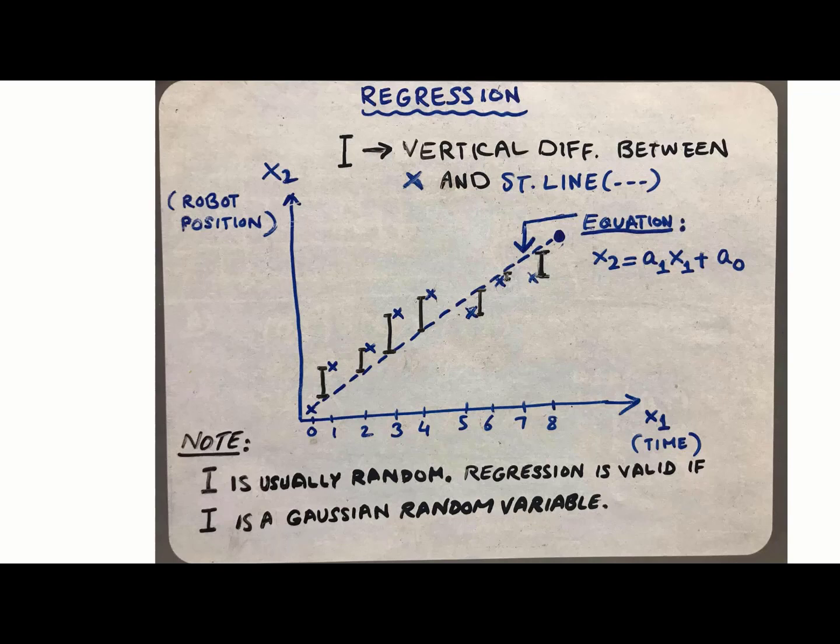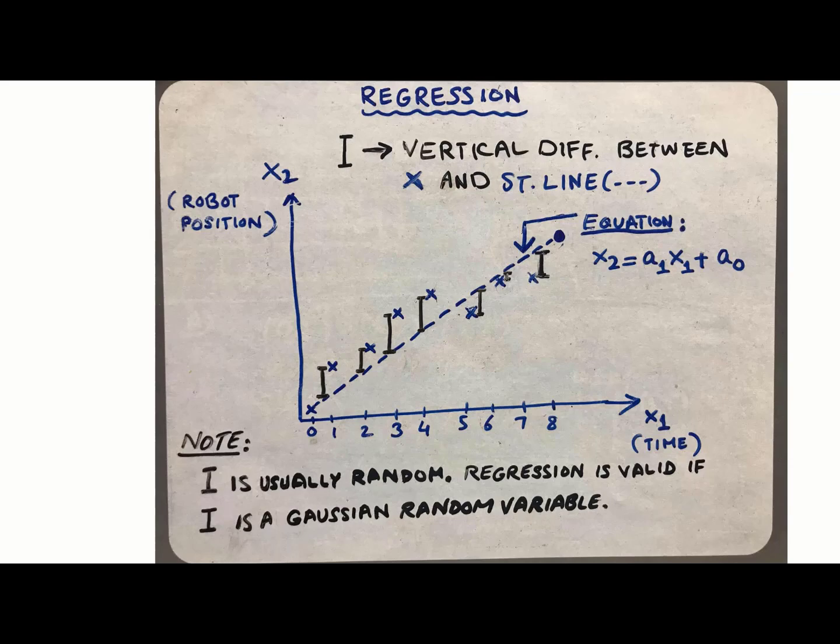They are showing the pointwise difference between the fitted line and the data points, and we say that regression will be valid only if these vertical error bars have Gaussian distribution, and therein lies the connection between the regression and the techniques that we have already discussed, such as filtration. In particular, the Kalman filters, where we assume that all the noises and uncertainties follow Gaussian distribution.